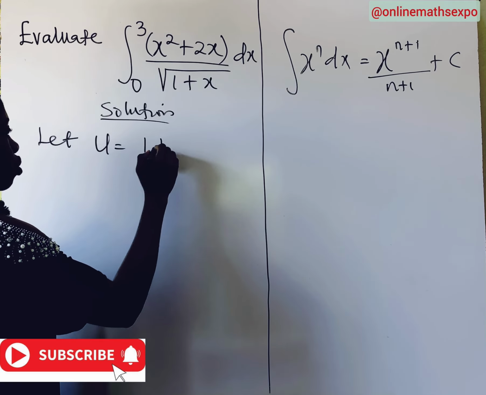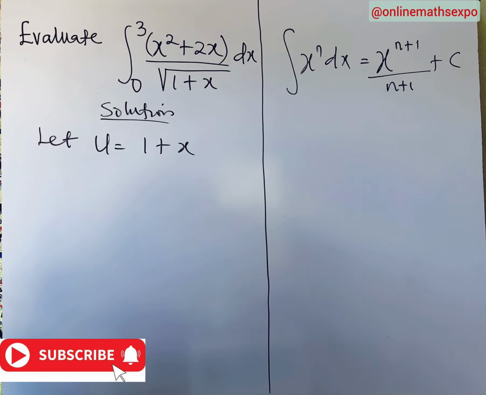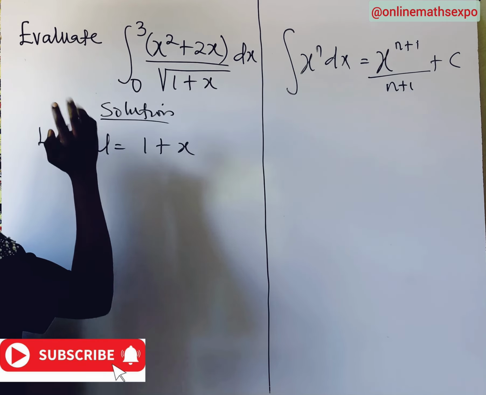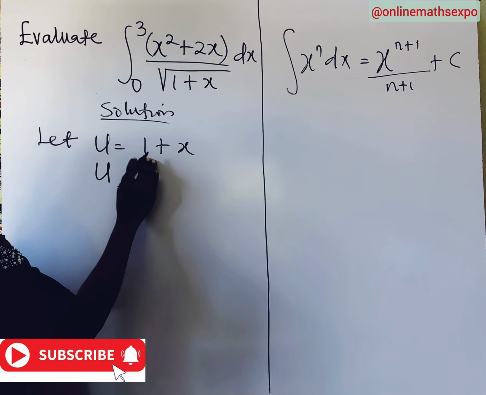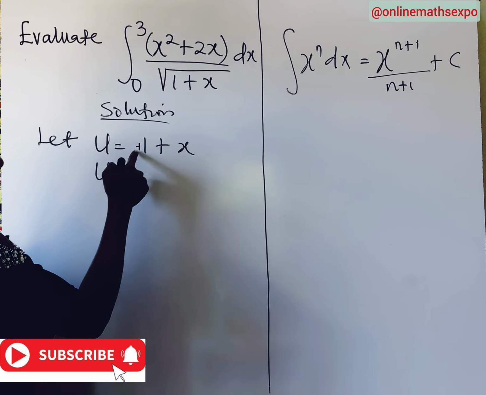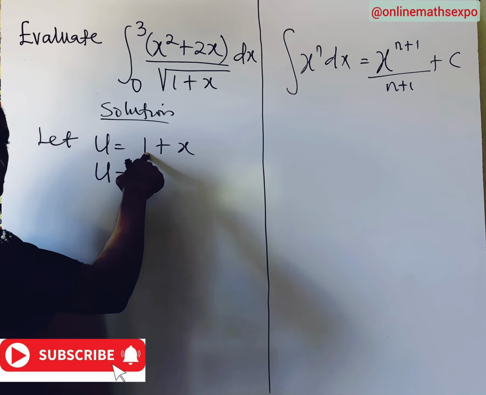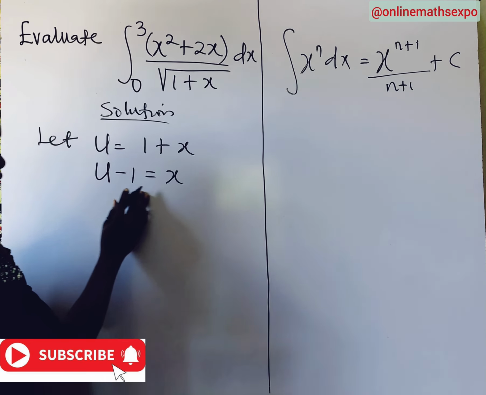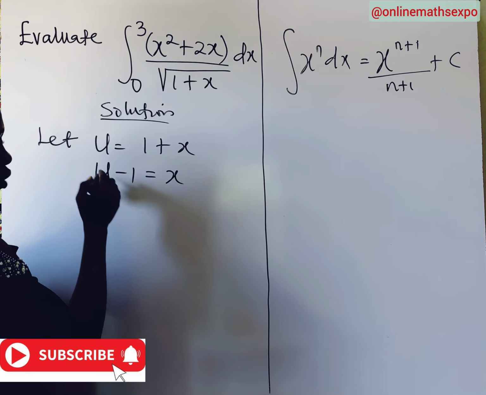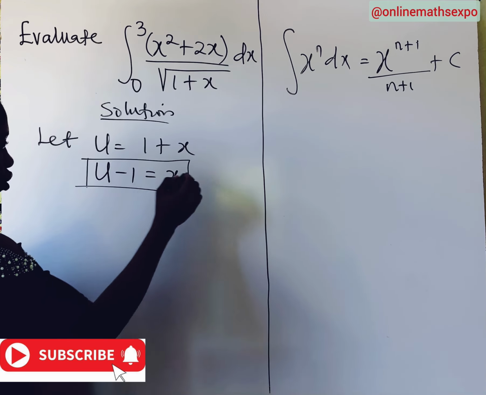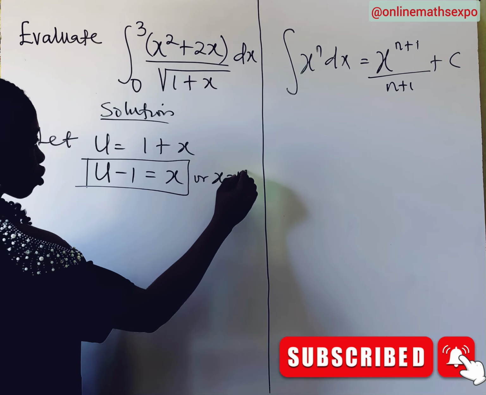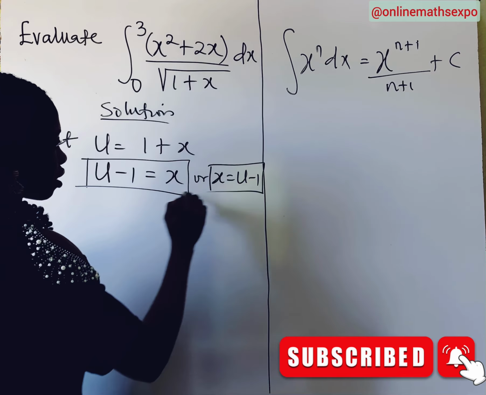So u is equal to 1 plus x. Now what do you do with this u? Remember, you can subtract 1 from both sides, and we have u minus 1 is equal to x, or you can say that x is equal to u minus 1, whichever.